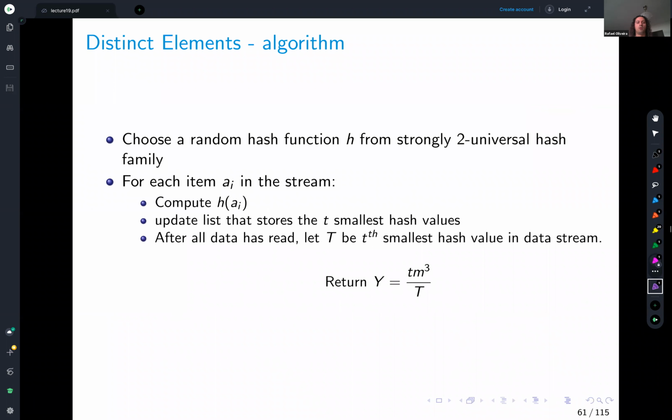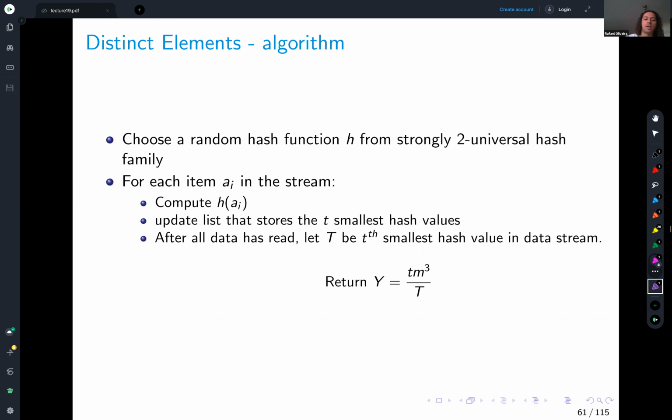All right, so here's the algorithm. Let's choose a random hash function H from a strongly two universal hash family. Now, for each item in the string, what are we going to do? We're going to compute the hash value of H evaluated at a_i. And what is the data structure that we're going to have?